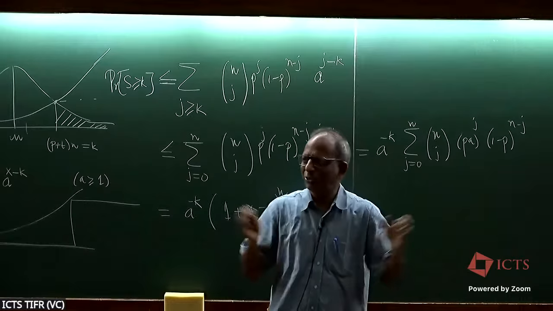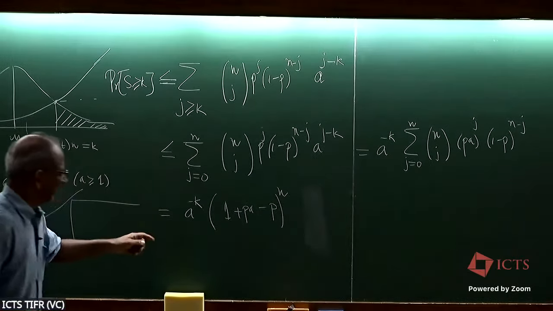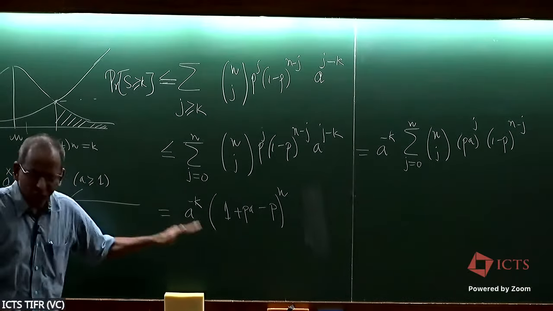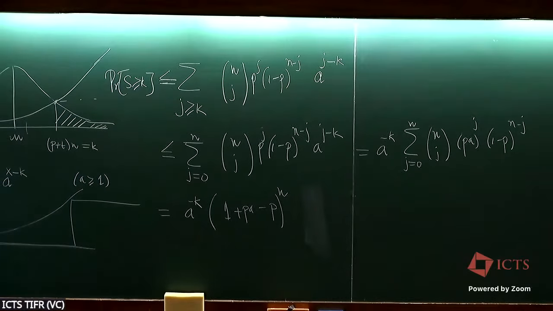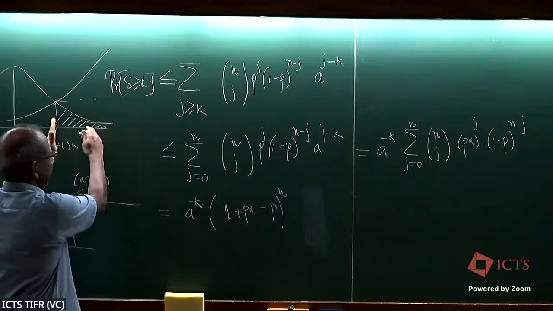What theorem? Binomial theorem. Okay. So for every choice of A, as long as A is greater than or equal to 1, this quantity is an upper bound on the tail.